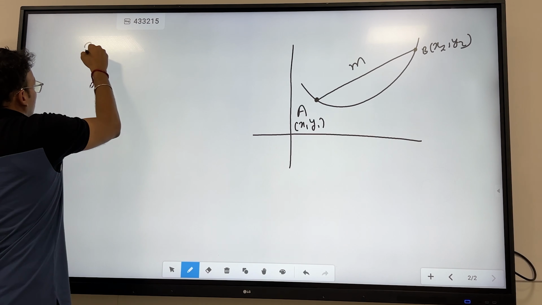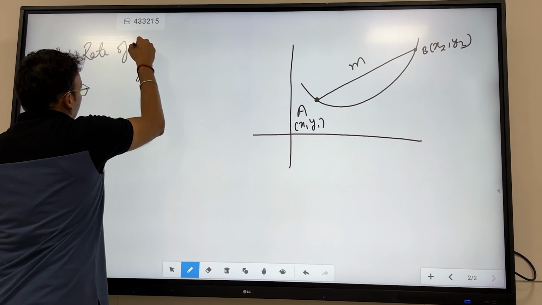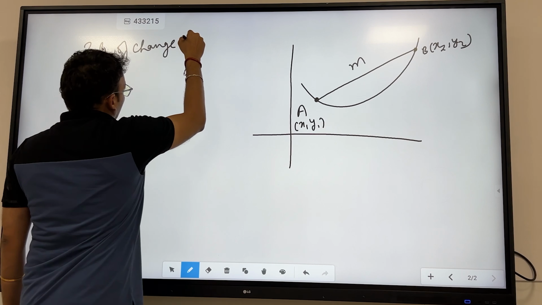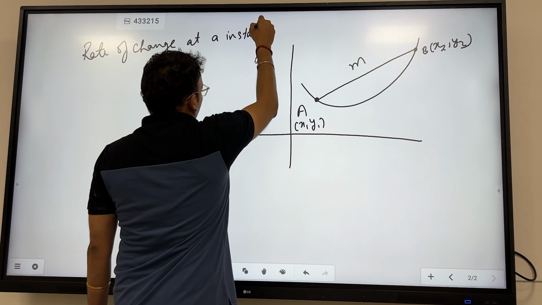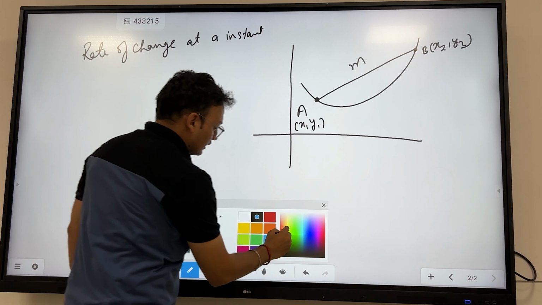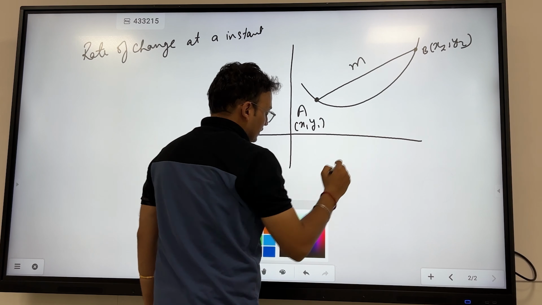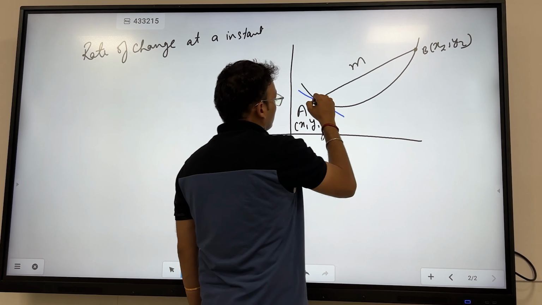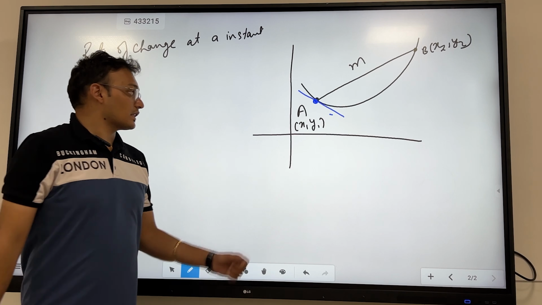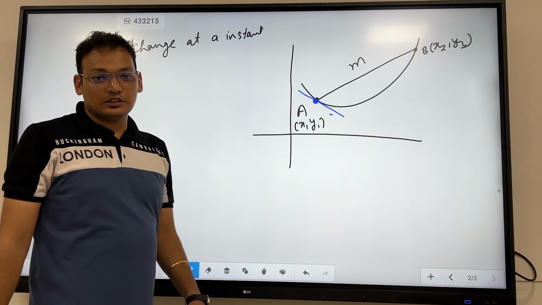I am talking about the rate of change at an instant. That means the rate of change at, let's say, this particular point A, right? Is it clear to you?